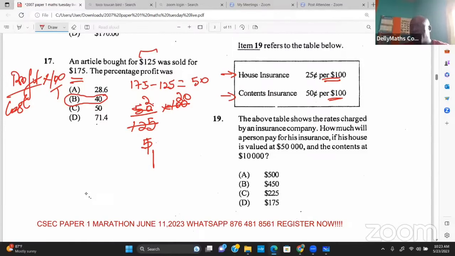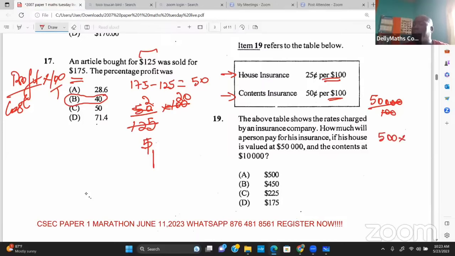If the house, right, is valued at 50,000. So first what you want to do is to find out how many hundreds you'll get in 50,000. So you divide this by 100. You could see you're going to get 500. But remember that it is 25 cents per 100. So I'm going to get the 500 times 25 cents.